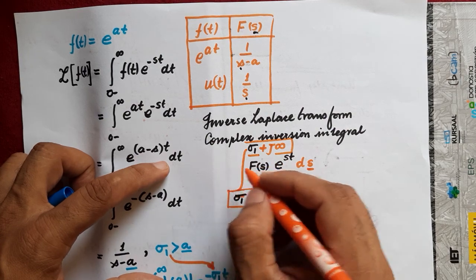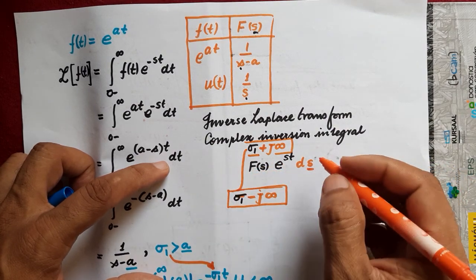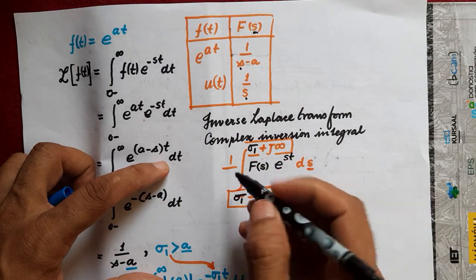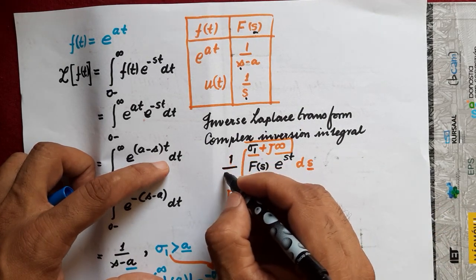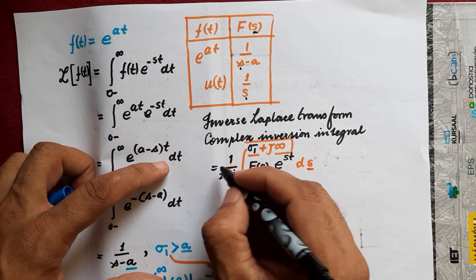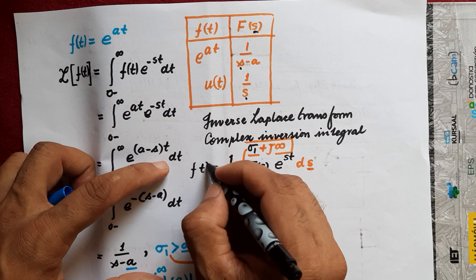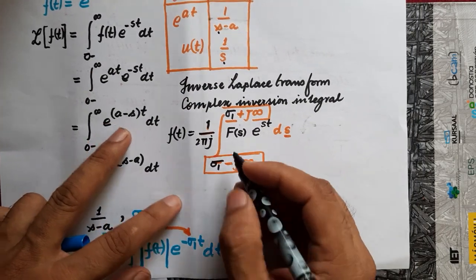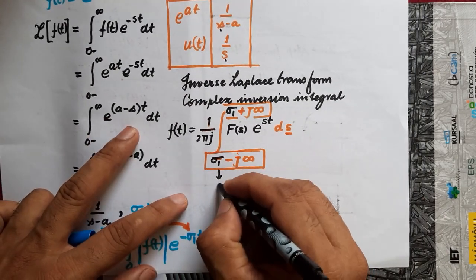Over this we do the integration to obtain our f(t). This is the inverse Laplace transform, and this integration is called contour integration.